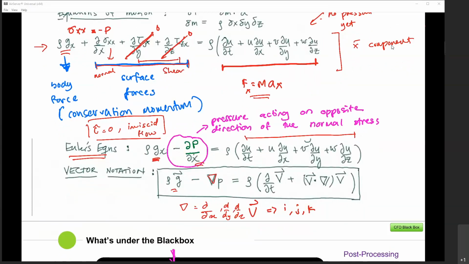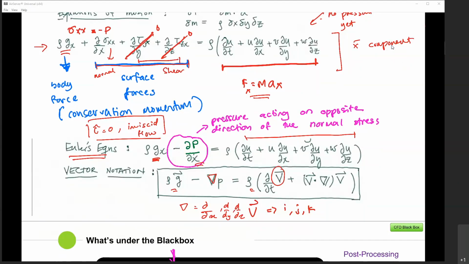Okay, the vector operator, which is equal to rho multiplied by d over dt, the unsteady term, multiplied by V. V here refers to the velocity components u, v, w, plus V dot the vector operator.